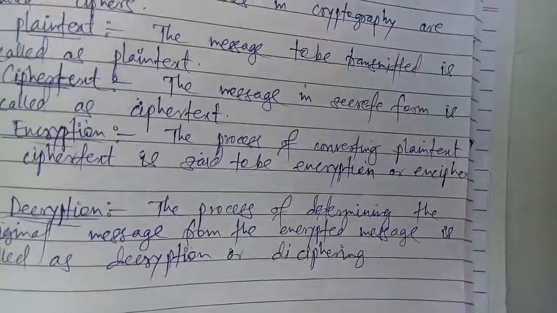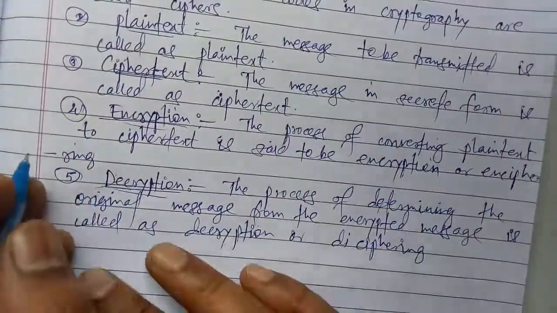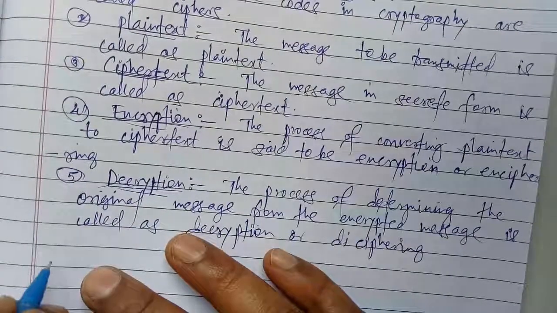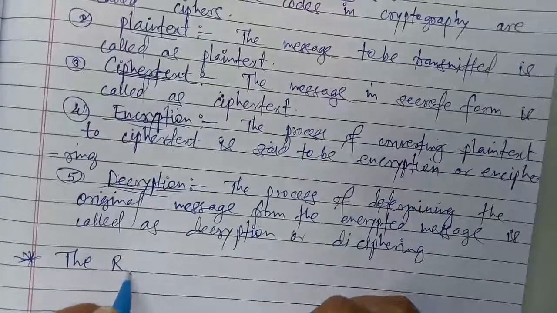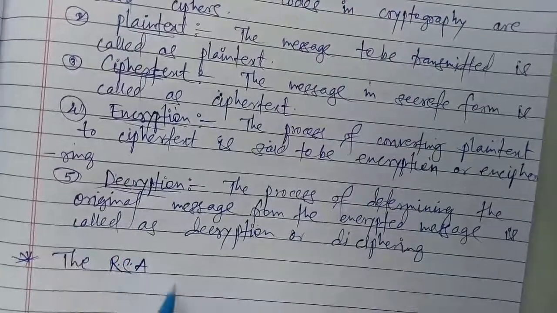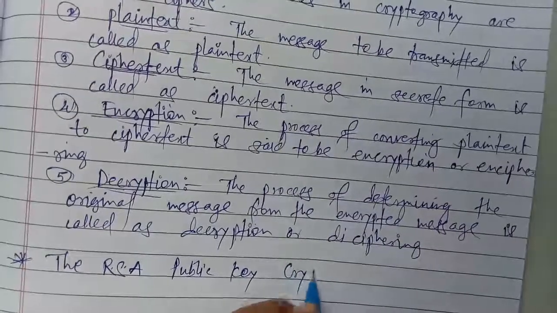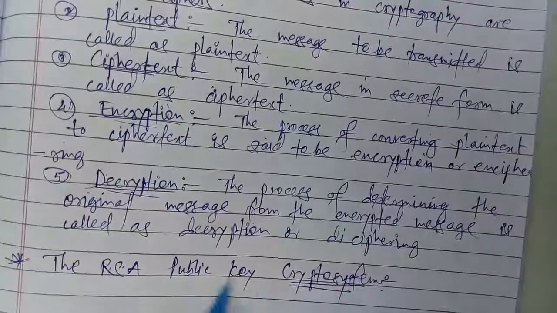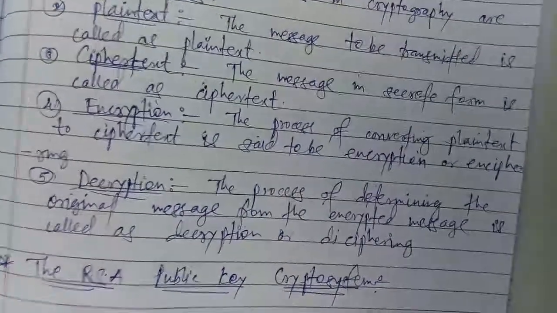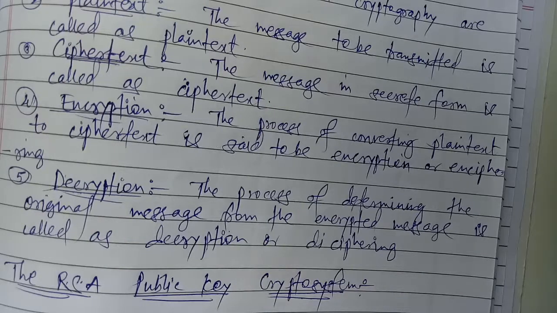We have to use some crypto system. So next point is the RSA public key crypto system. What do you mean by RSA public key system? Crypto systems are based on a trapdoor function.